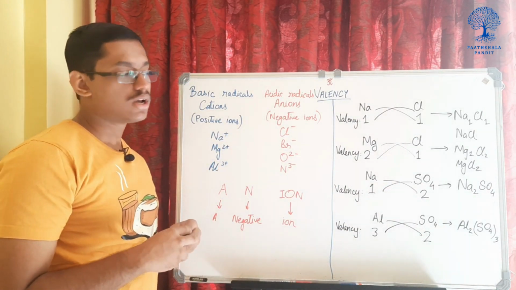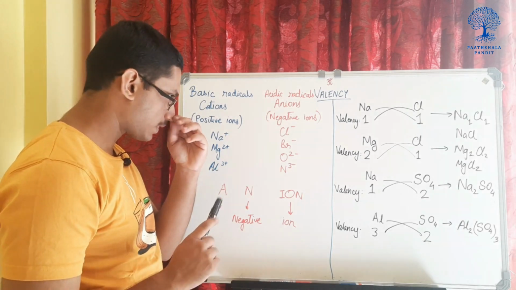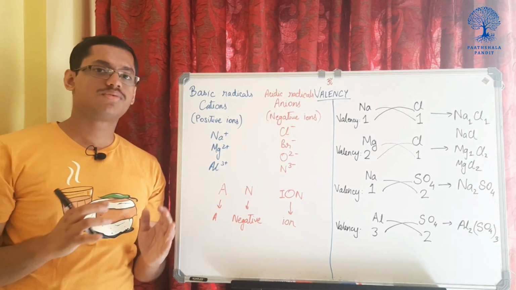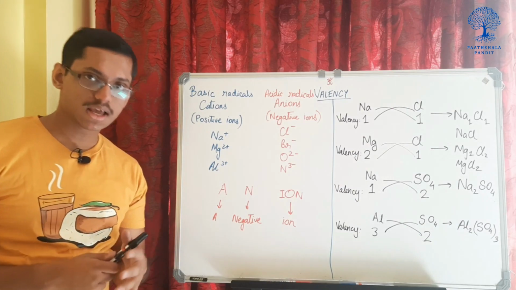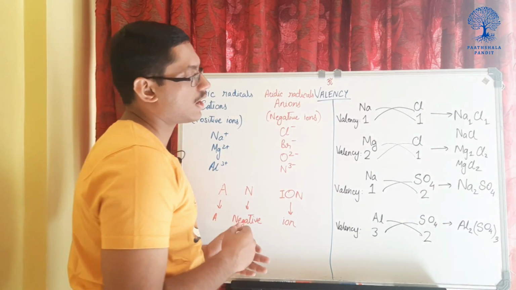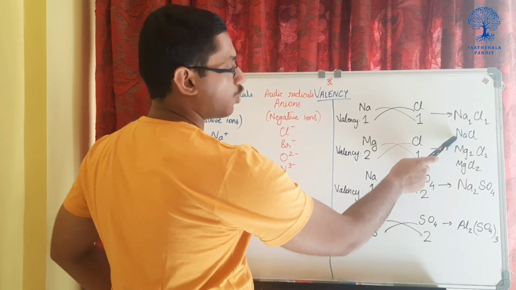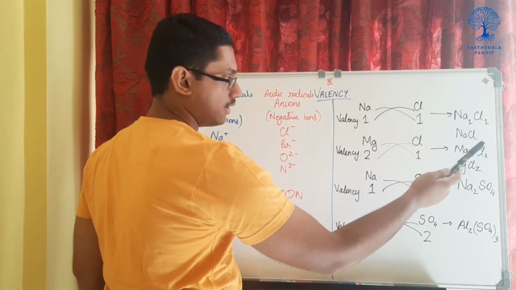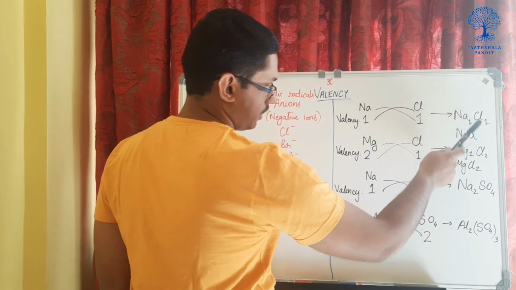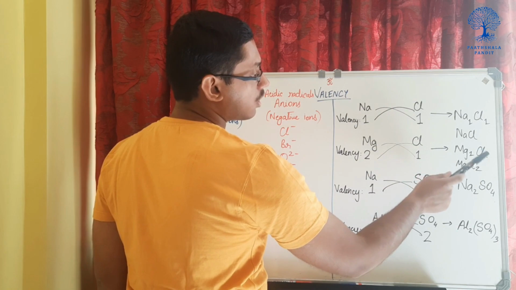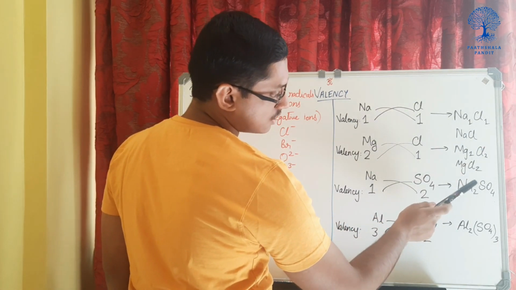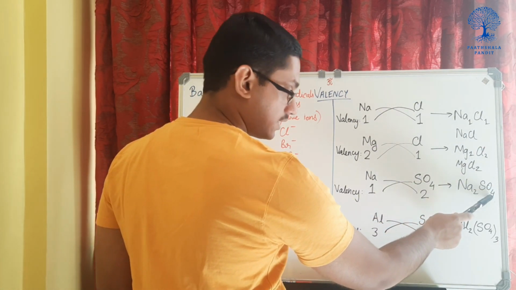So this is how the names are written out. Now how to pronounce it? I will provide you a chart of the names of the ions, but still here I will show you. This is known as sodium, this is known as chloride, sodium chloride. This is magnesium chloride. This is sodium sulfate.